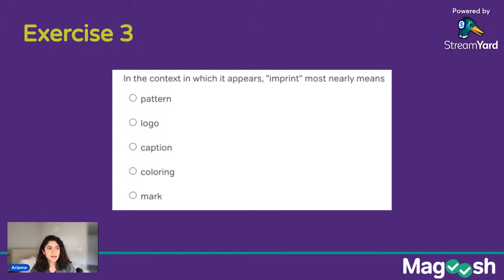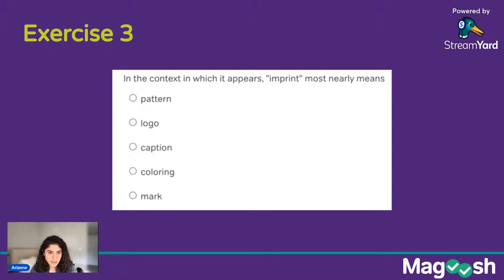We don't know if there's a striped pattern or circular pattern. We don't know anything about how the paintings look visually. So we can eliminate A. Same thing with B. Logo is, again, too specific, because there's nothing telling us that there's a specific symbol that represents this Pacific Island native culture. So eliminate B.